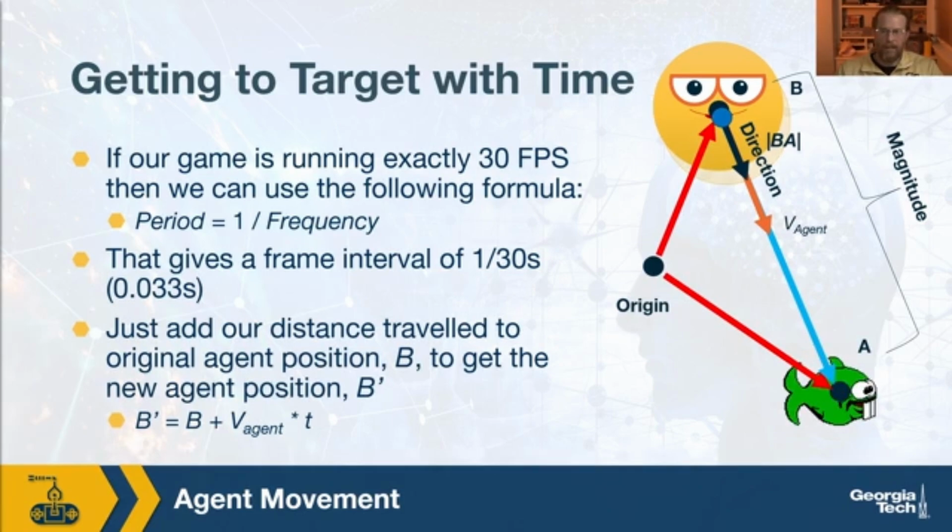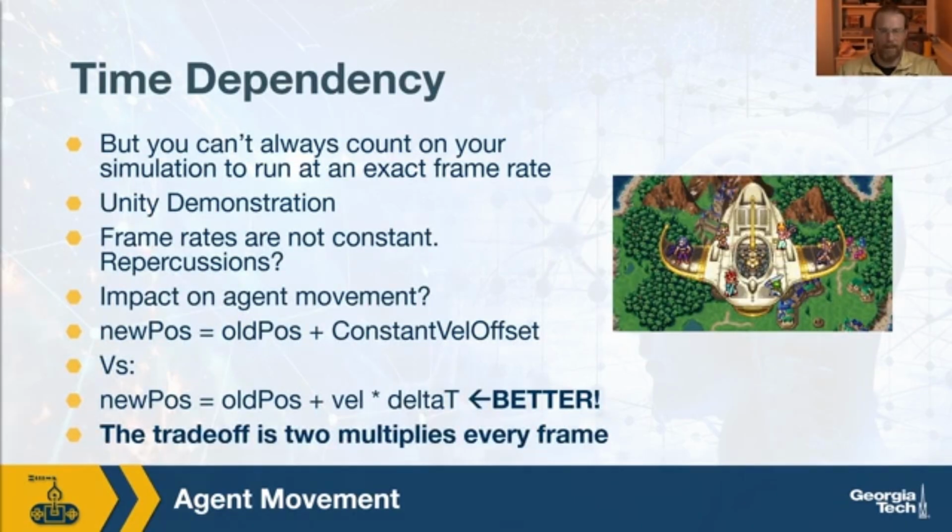But there is a concern here. We're relying on 30 frames per second being very precise, but it might not be. In fact, you cannot always count on your simulation to run at exactly a desired frame rate. I have a Unity demonstration. I'm not going to cut over to it during this video. I'm going to have it as a separate resource, so be sure to check that out.